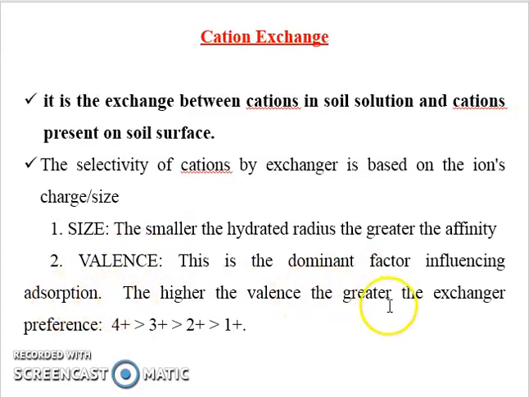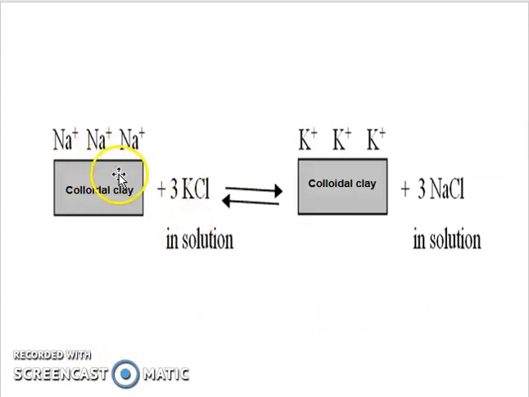The higher the valence, the greater the exchange preference. This shows how cation exchange is carried out if you have plenty of potassium chloride and a soil particle exchanged by sodium. The excess potassium in soil solution can replace sodium and exchange on the surface of the soil particle.